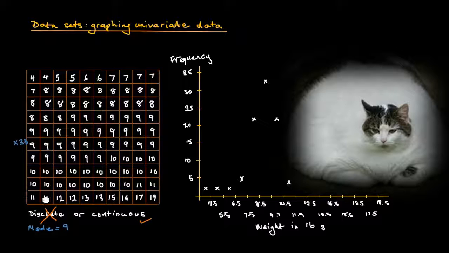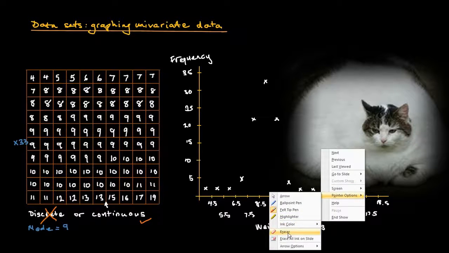Okay, and we've got 2 12s. So that's going to be here. We've got 2 13s here. 1 15, so now wait a minute, we're missing a 14, so there were no 14s.